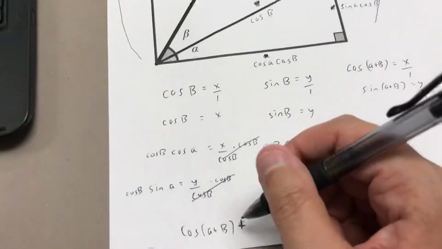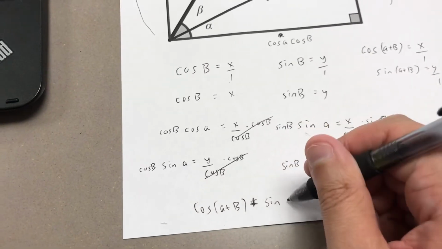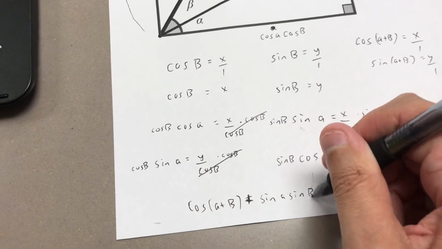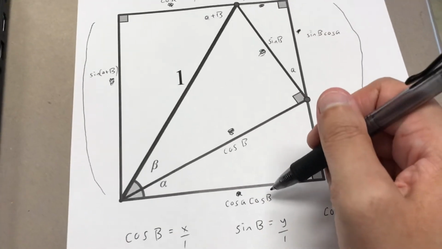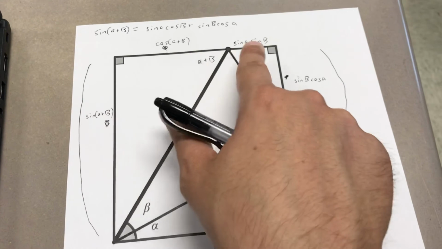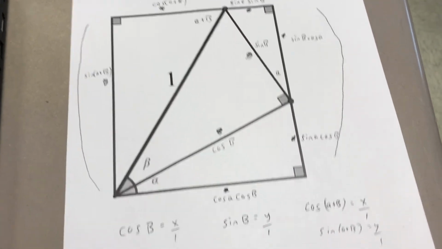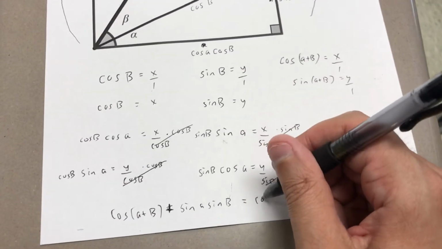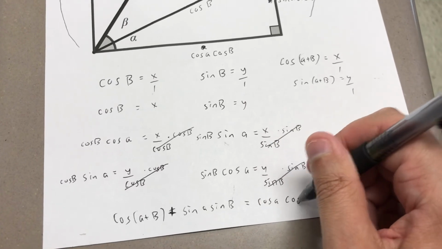There's a plus there. Sine of alpha sine of beta would be equal to this whole side down here, which is cosine of alpha cosine of beta. So this plus this would equal this. Okay, so that's going to be cosine of alpha cosine of beta.